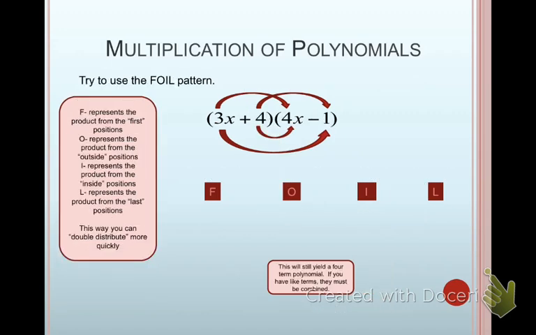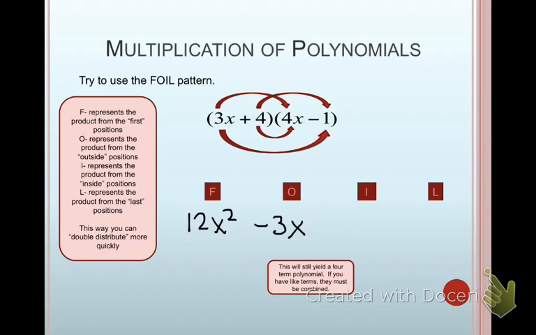Okay, so here's another one, 3x plus 4 times 4x minus 1. The F, our first term here, would be 3x times 4x, which would give us 12x squared. The outer would be 3x times negative 1, which would give us minus 3x.